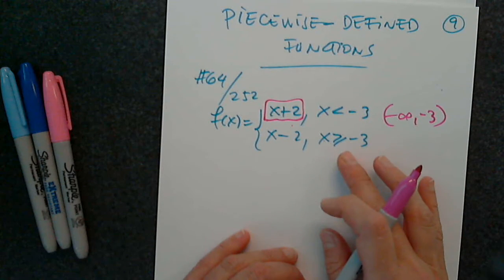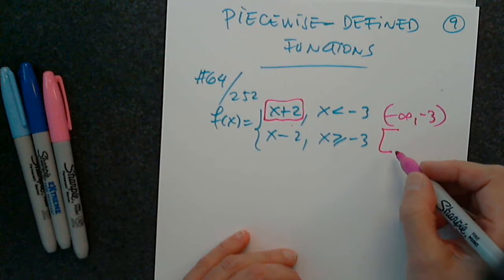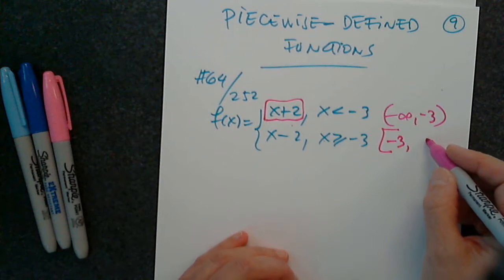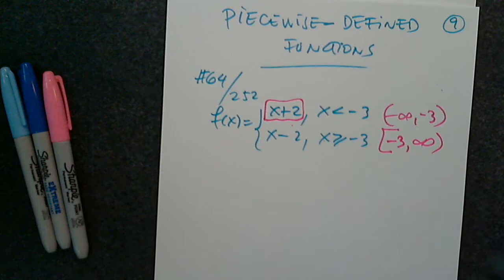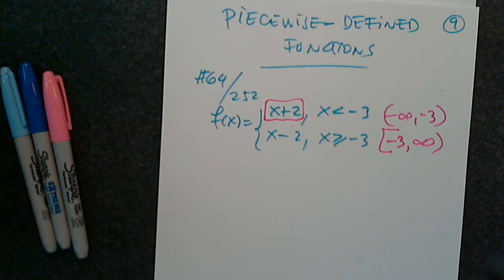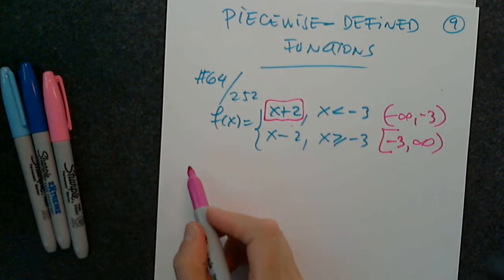The interval, that'd be a bracket, of course. Negative 3, comma, infinity. Awesome. Great job. So for x values between negative 3 and infinity, this is the function that we are going to look at. Now I'm going to ask you about the domain of this function.